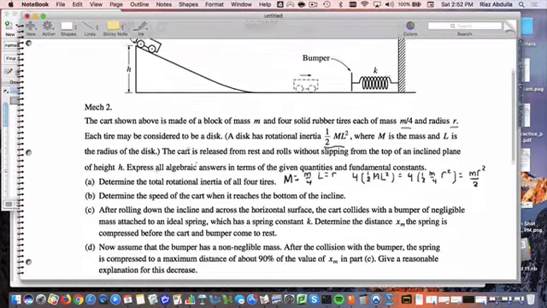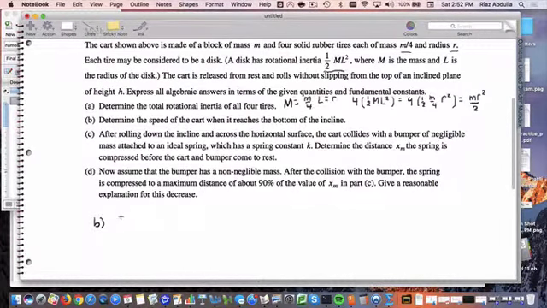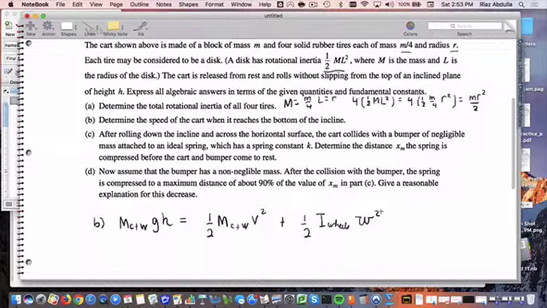So I'm going to say mass of the cart plus wheels gh equals 1/2 m of the cart plus wheels v squared plus 1/2 I of the wheels omega squared. So that's what I want to be careful of.